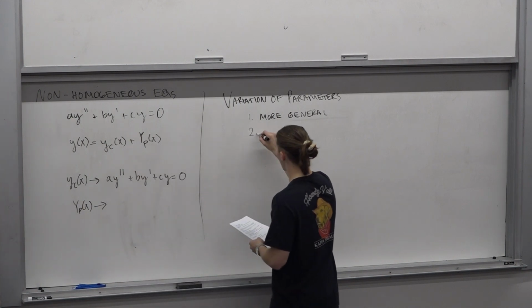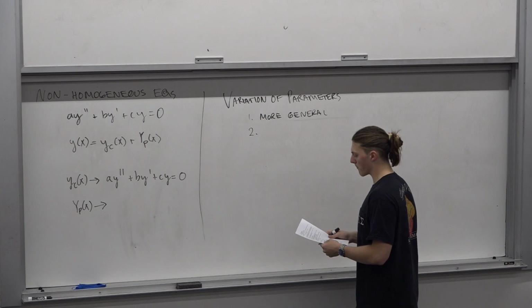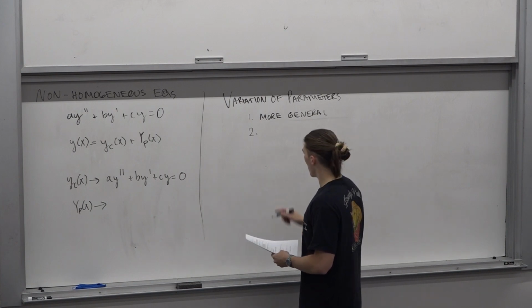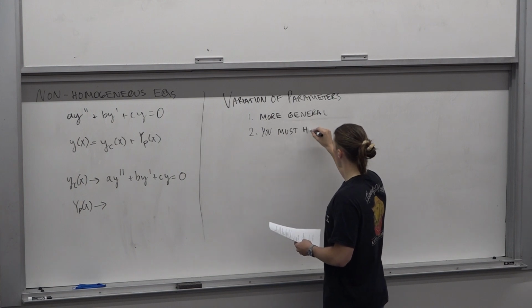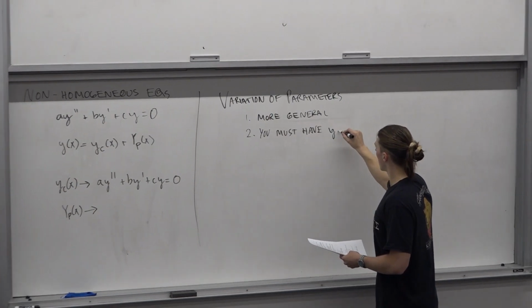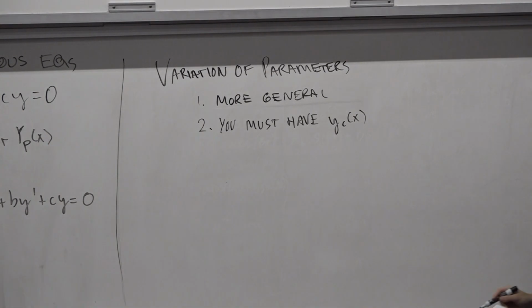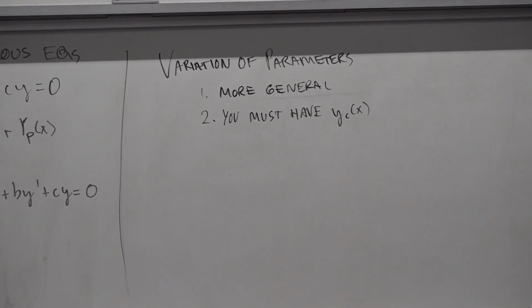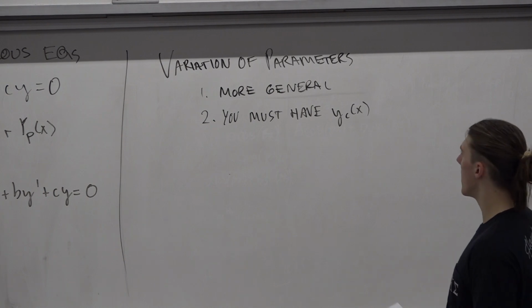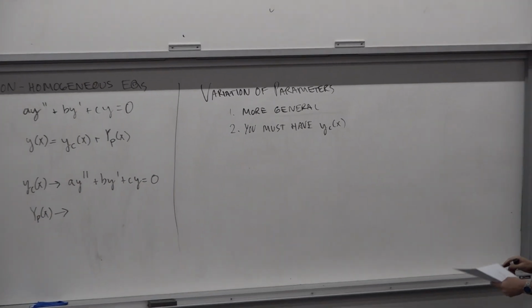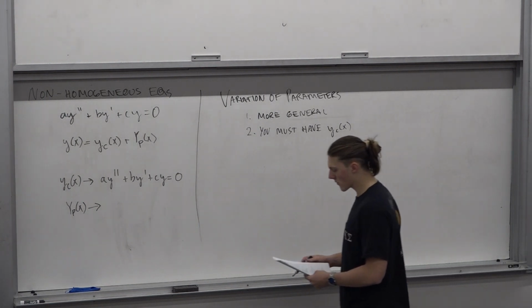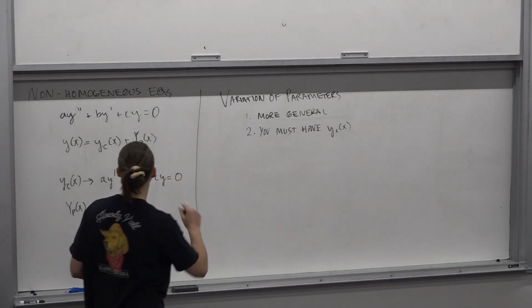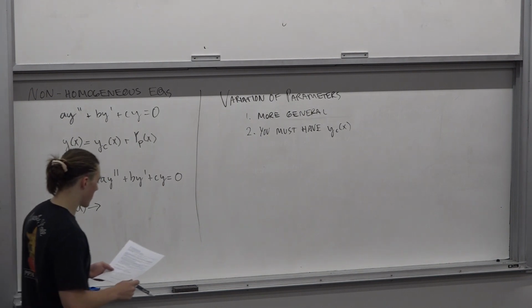There's also the fact that you must have y_c of x to use variation of parameters. In undetermined coefficients, it's not required, but for variation of parameters, it absolutely is. So we have our non-homogeneous equation.